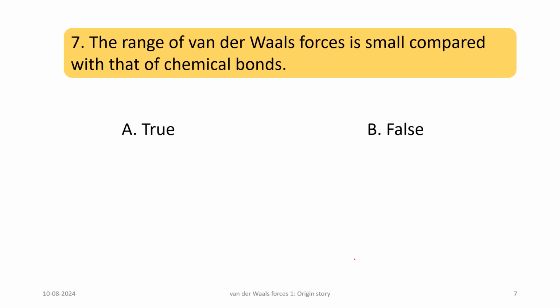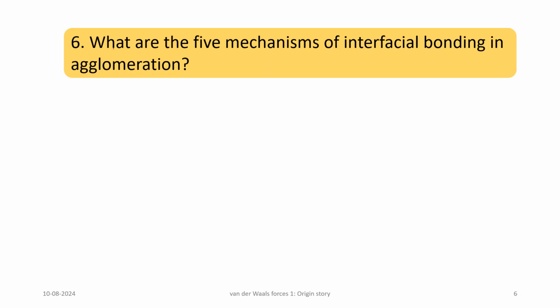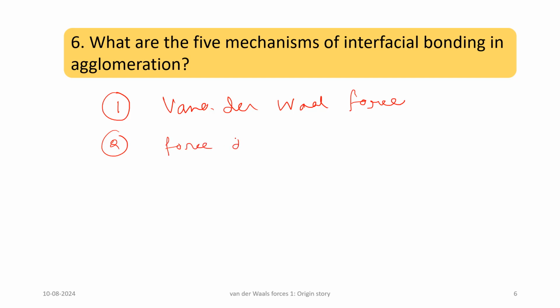So why do particles agglomerate with each other? The reason being, first one is the Van der Waals force, which is an interparticle force. Second one is the force due to adsorbed liquid layers.